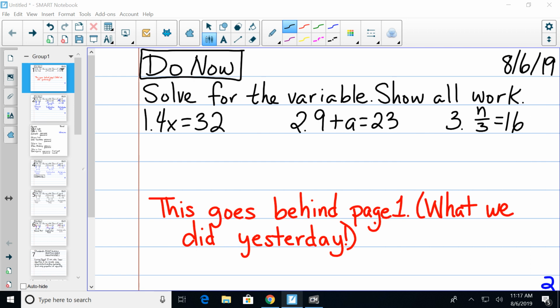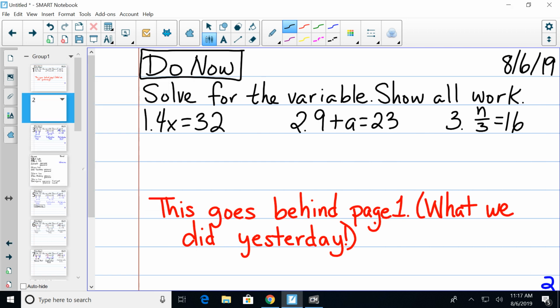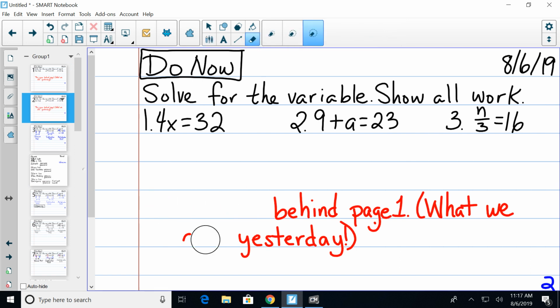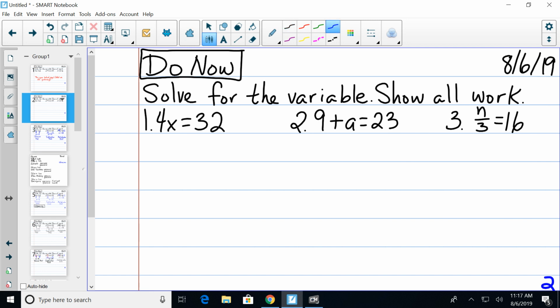All right, so because 4x is multiplication, we have to divide. So how are we dividing?